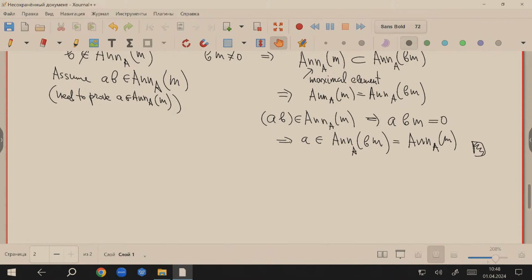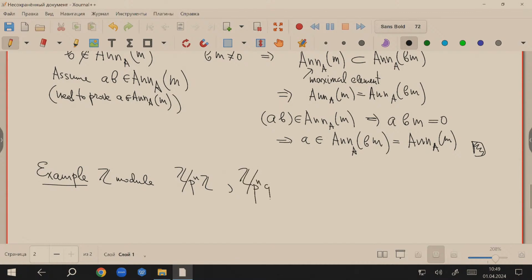And this really explains it to us. So let me draw an example of applying this algorithm. You can consider the module Z mod P^n Z, or Z mod P^n Z times Z mod Q^m Z, where P and Q are prime numbers.